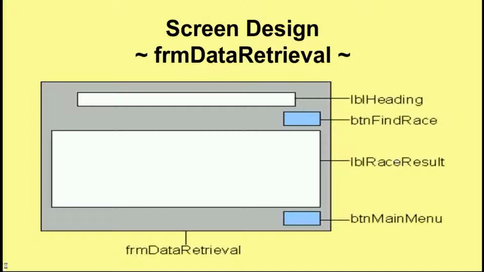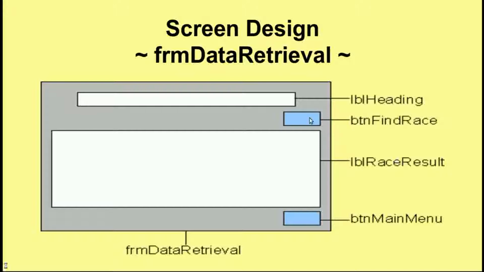Again, I'm going to keep the same sort of look and feel, which makes the user much more comfortable. I'm going to have a form data retrieval with the same background color, LBL heading, so a heading saying something like find a race. Then there's going to be a button, btn find race.